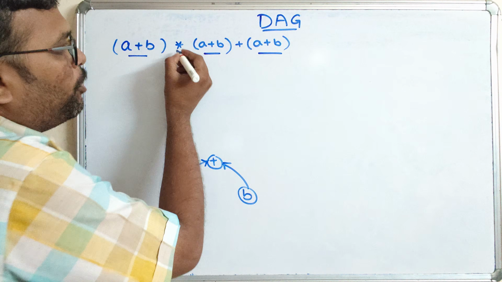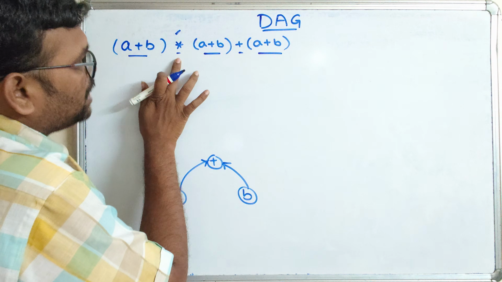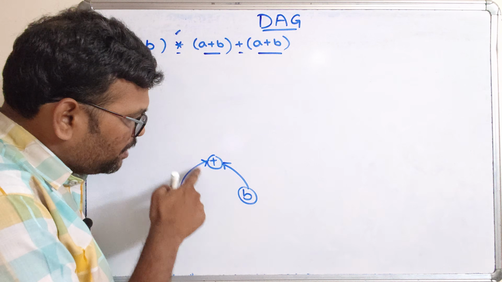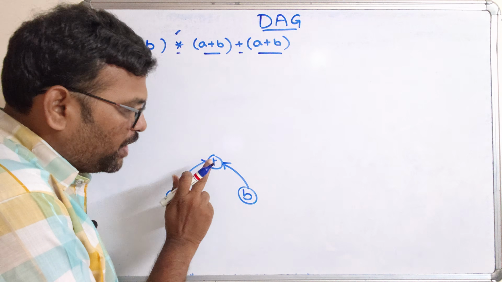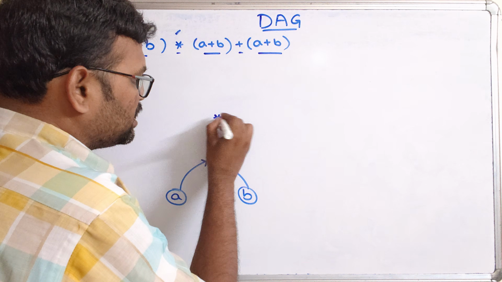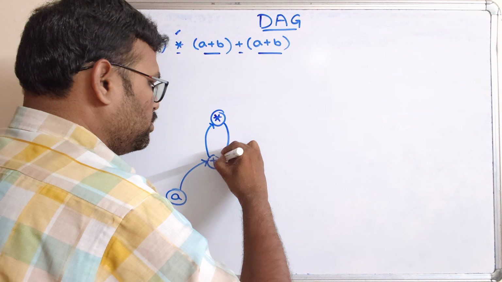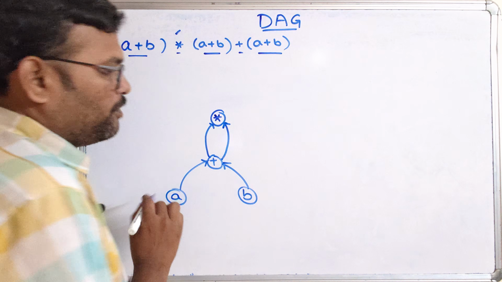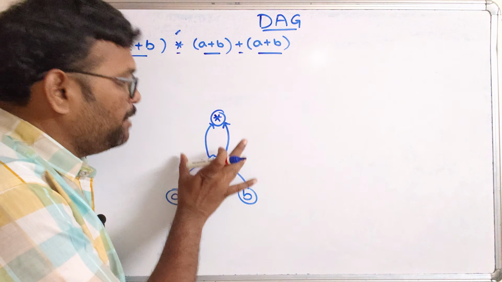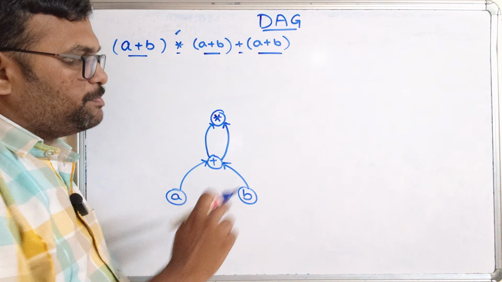Now among star and plus, the star has the highest precedence. So the star is in between a plus b and a plus b, that means whatever result we have, for this result only we need to apply the star. So you can apply the star here, with one arrow this side and one arrow this side. So the same value will be multiplied: a plus b multiplied by a plus b, and then plus again a plus b.